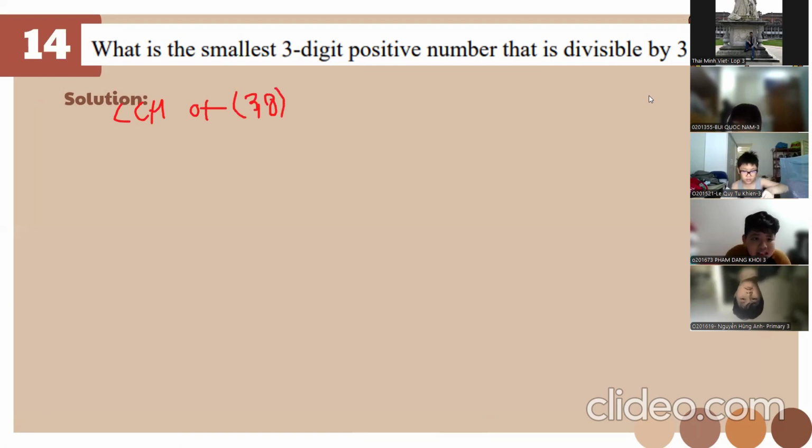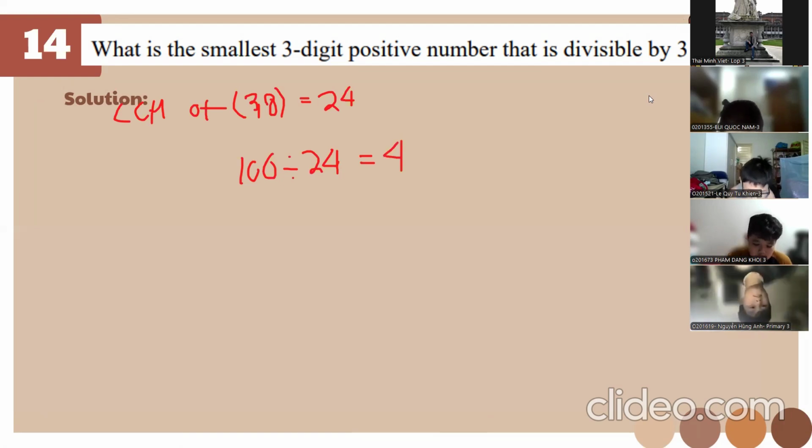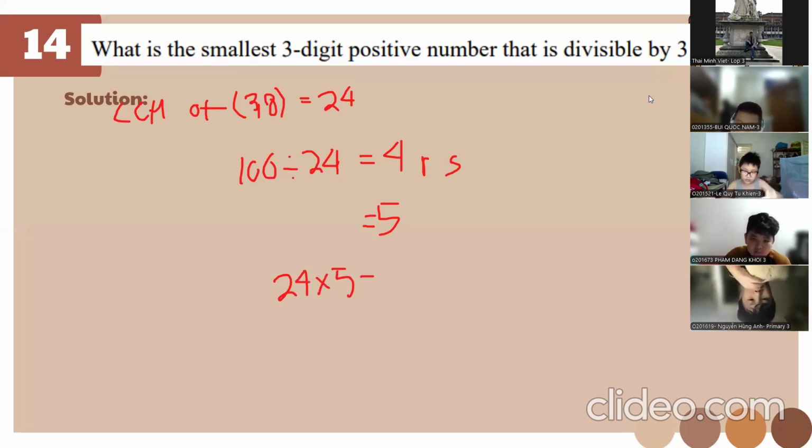Okay, so we have here 24. Now if we divide 100 by 24, we'll get 4 with a remainder, right? So if we round this up, we'll get 5. And 24 times 5, we'll get 120.